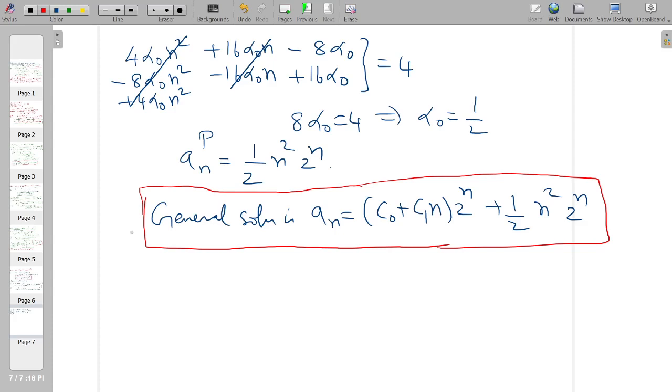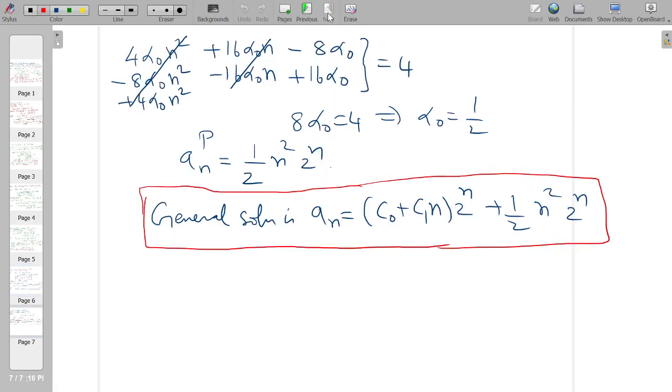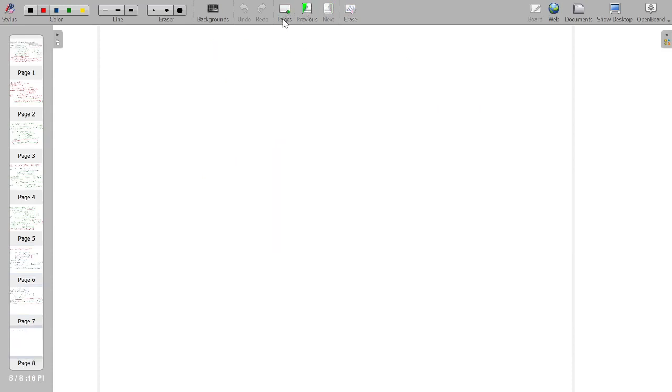So you have assumed the particular solution as alpha_0 n squared 2^n. You have multiplied with n squared because 2 gets repeated 2 times here. So this completes the solution of this particular problem.